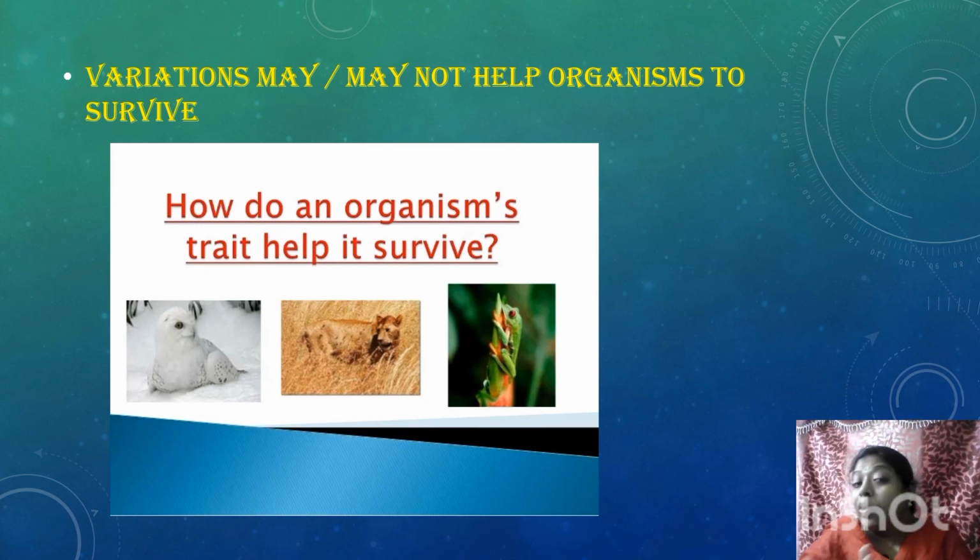But we know that the environment is not at all the same. It will keep on changing, right? We are into the month of February. When you take January, how it was? It was very, very cold and everybody was having flu and cough. But now we have entered the month of February, and you can see the difference.